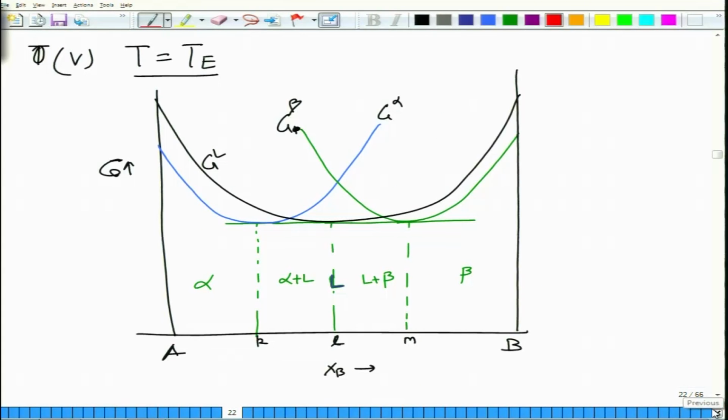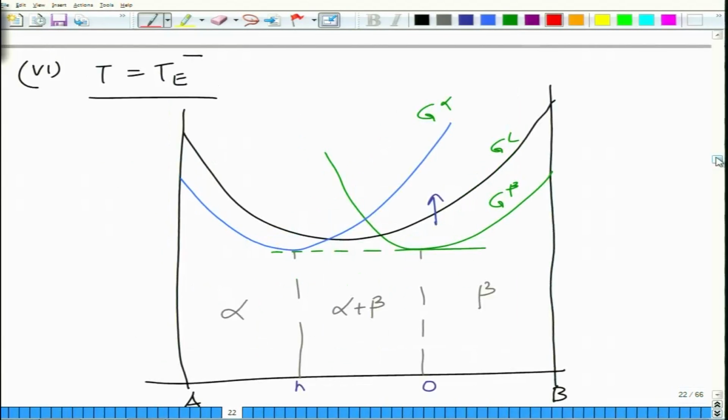And then we looked at T equal to TE, which is the eutectic temperature, a specific temperature at which all the three phases are in equilibrium. Now this is where we have all the three minimas on a flat line. So what we have is alpha, alpha plus liquid, liquid denoted just by a straight line, liquid plus beta and beta phase.